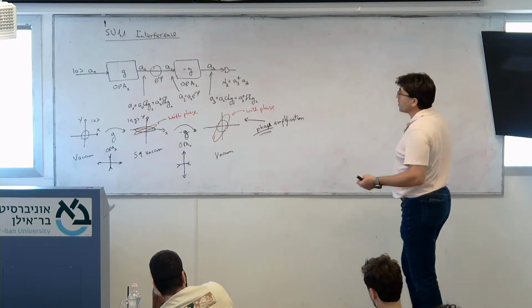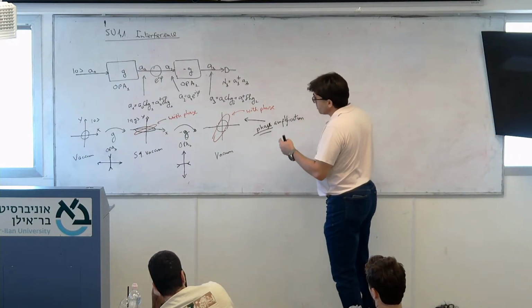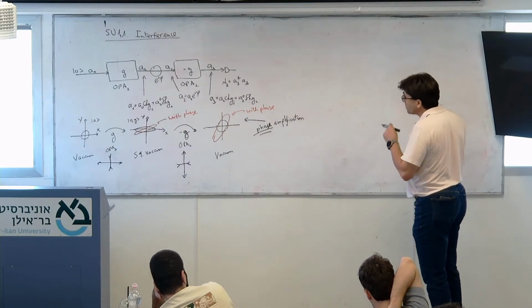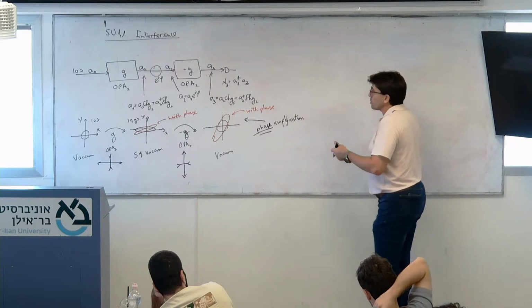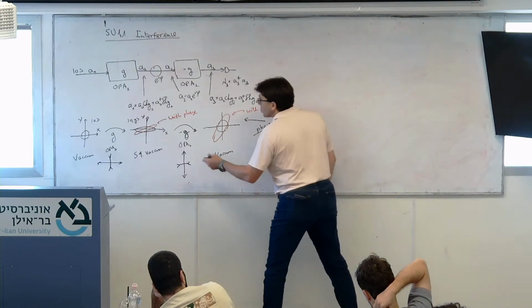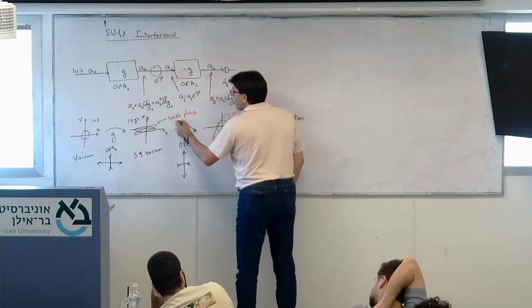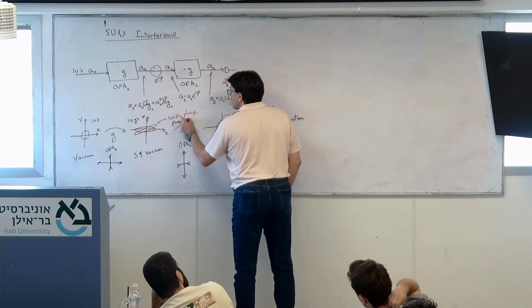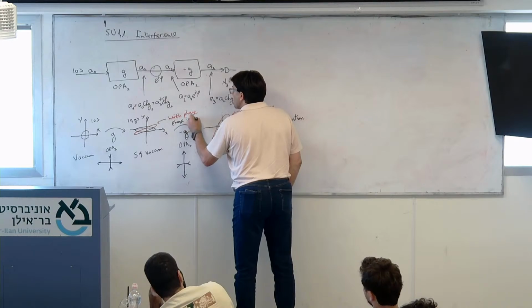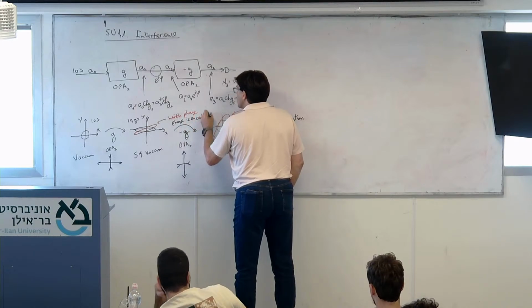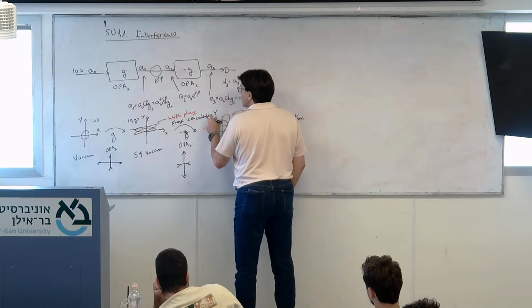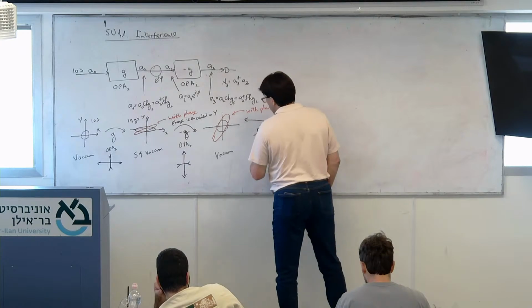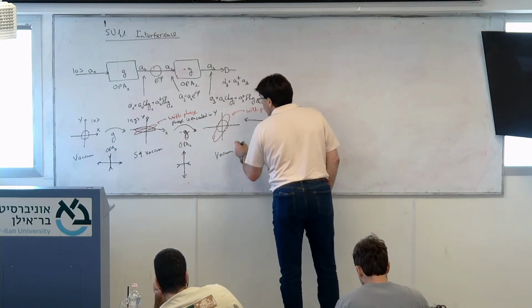So here we have the phase encoded in quadrature y. And here, we're stretching y.